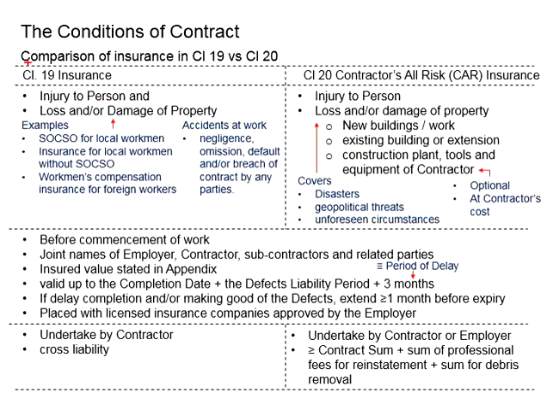We also observe differences between the insurance of clause 19 and clause 20. Insurance related to the accidents is clearly stated to be taken by the contractor. There will be joint names among different parties, and it should be cross liability in nature.